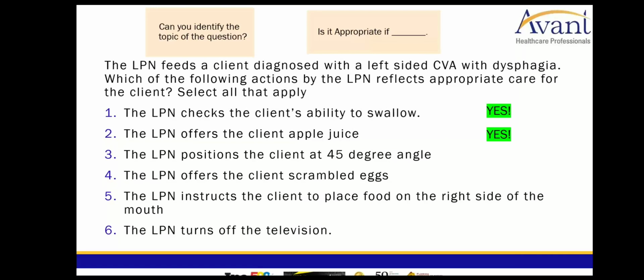Number 3, the LPN positions the client at a 45-degree angle. Well, again, I want you to think carefully about this answer. Think about your CVA patients. What are some of the risks that we just discussed? We talked about aspiration. And what is the greatest risk of aspiration when you think about patient position? Well, how do we open an airway? If we open the airway when we're thinking about breathing or someone who's going into respiratory arrest, we pull the neck back, right?